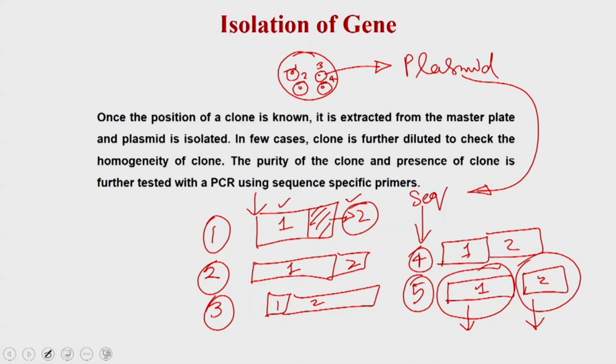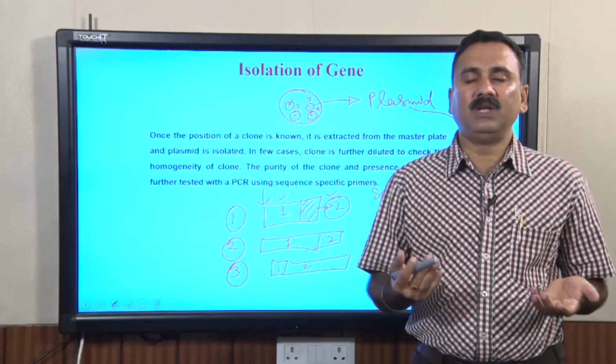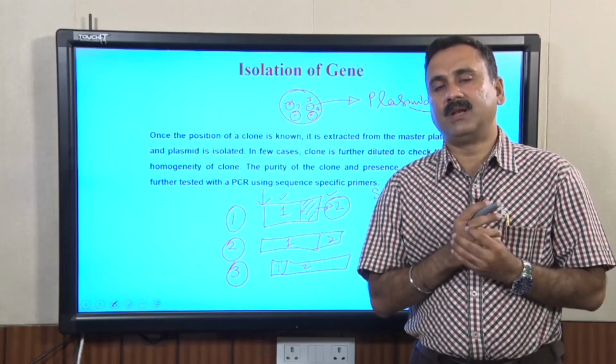But even then, once you do the sequencing of these clones, probably you will be able to distinguish which is the gene corresponding to your protein, because in some of the cases you may have the full gene and the other one is the partial gene, and that clone might be giving you higher signal, because all these clones may not be giving you the similar kind of signal.